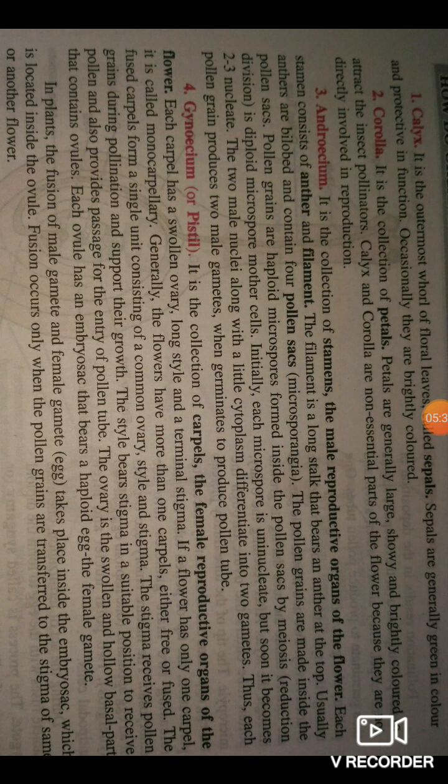Each ovule has an embryo sac that bears a haploid egg, the female gamete. In plants, the fusion of male gamete and female gamete takes place inside the embryo sac, which is located inside the ovule. Fusion occurs only when pollen grains are transferred to the stigma of the same or other flowers.